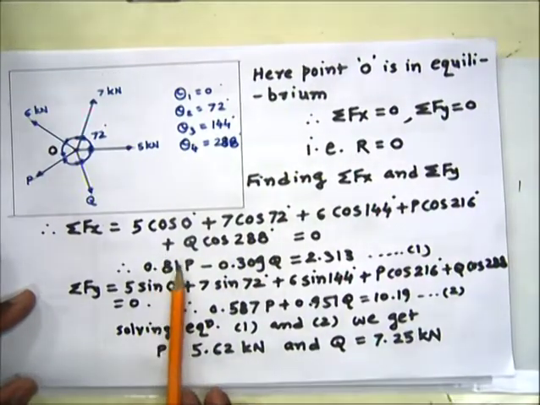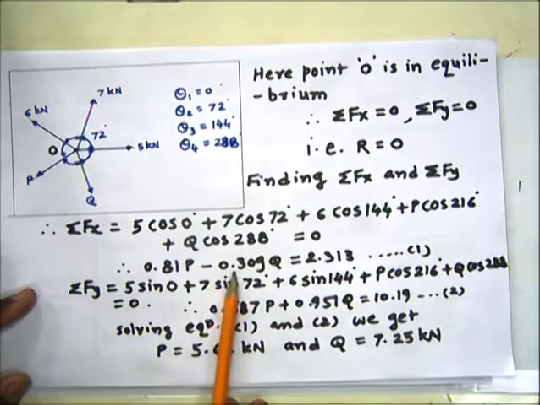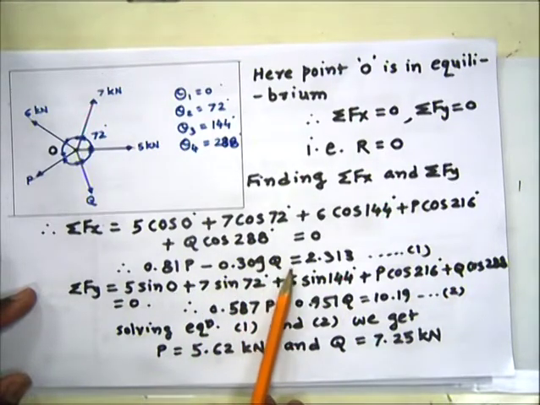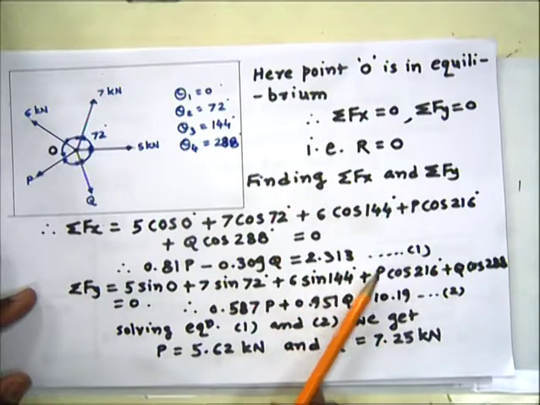Simplifying this we will get 0.81 P minus 0.309 Q is equal to 2.313, and this is equation 1.